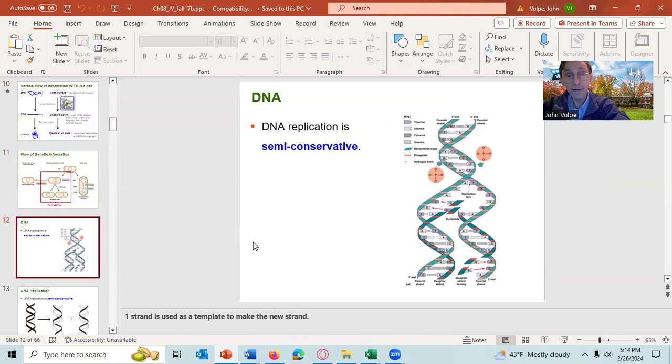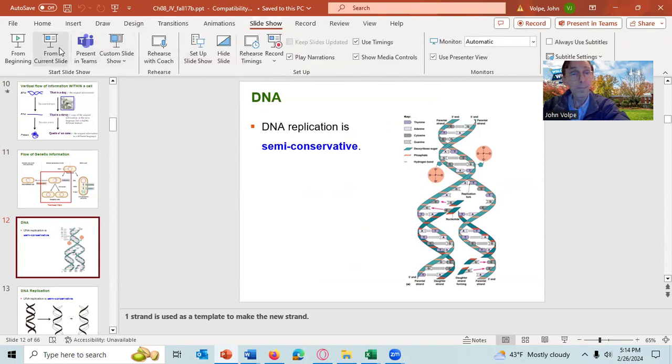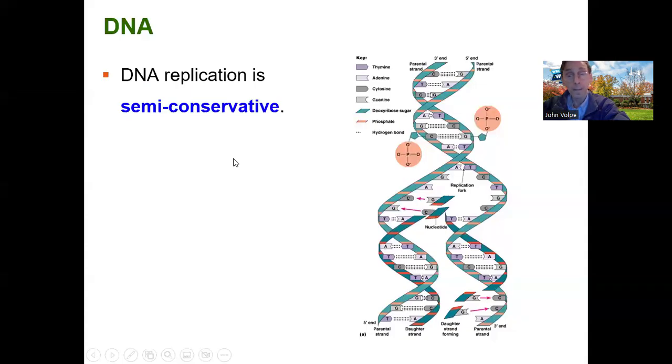How that happens is DNA replicates. Let me blow this slide up. By the double strand of DNA separating and becoming single-stranded, and then each single strand is used as a template to build the new strand of DNA.